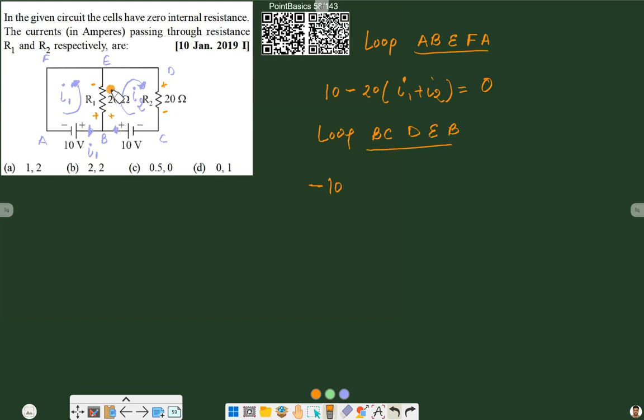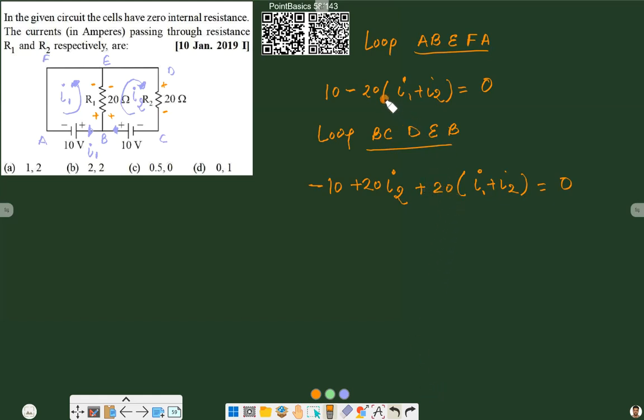So minus 10 plus 20 times I2, and in this resistance we have two currents, so minus 20 times I1 plus I2 is equal to 0.